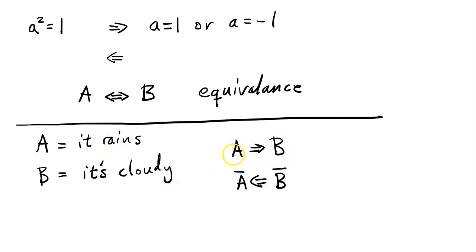This always holds. So if A implies B, then the negation of B implies the negation of A.